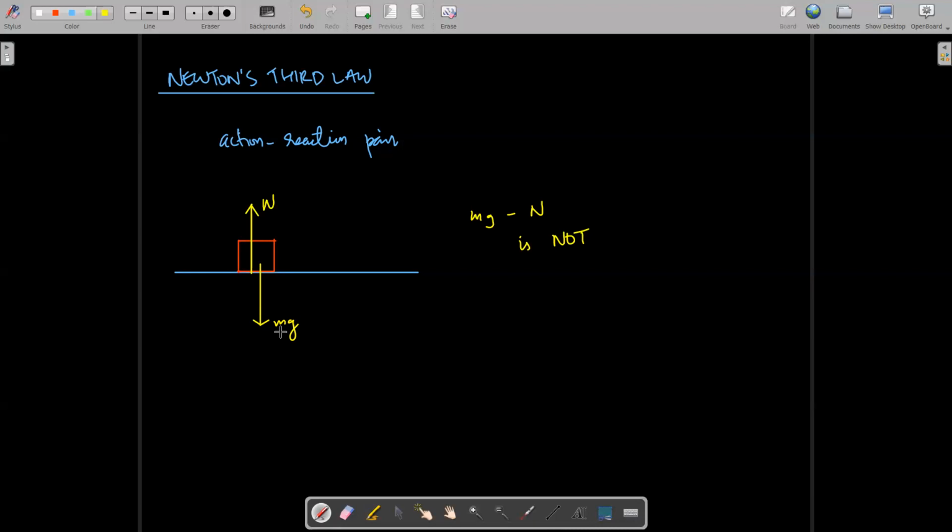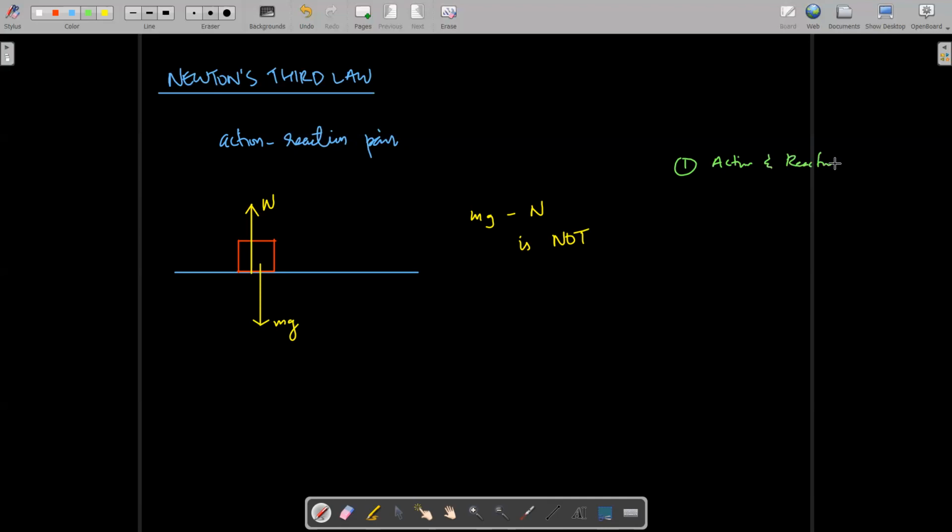Then what is an action reaction pair? Or why is it not an action reaction pair? The first thing that you have to notice here is that action and reaction act on different bodies.